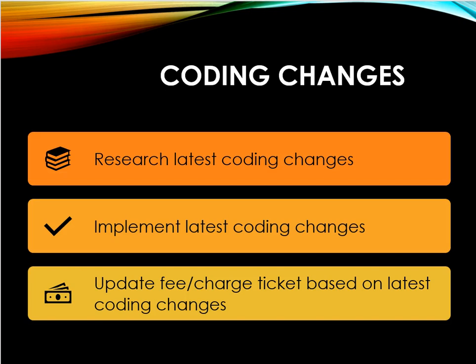So as the coding specialist, it's very important that you research the latest coding changes, that you are aware of what they are, and then if there are any changes that need to be made relative to a paper-based ticket or your electronic system, you want to make sure that that current information is in the record on the day that those codes are effective. There is no grace period for use of those codes, so we want to ensure that that information is accurate on the day that those codes become effective.